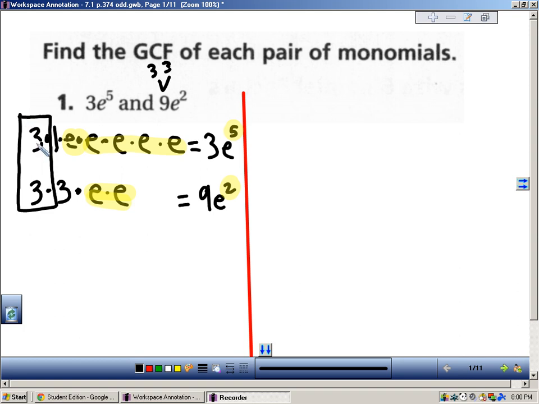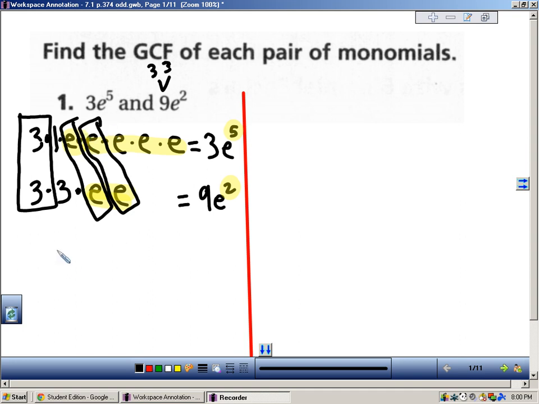And so now we box or circle the pairs of common factors. 3 is a common factor, right? And, of course, E. This box is going to be slightly angled. Common factor. And so is E here. Those are my common factors.